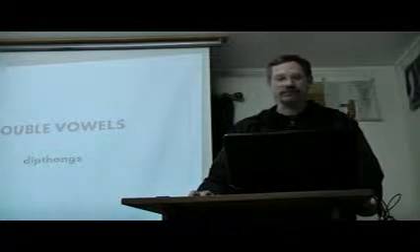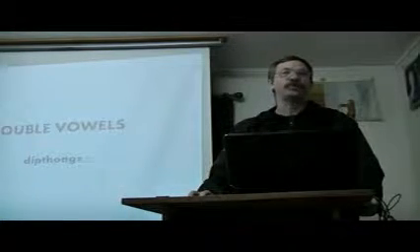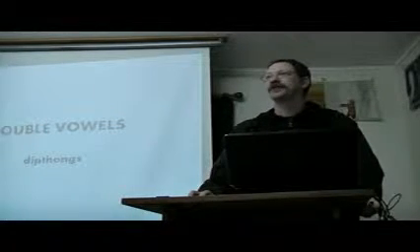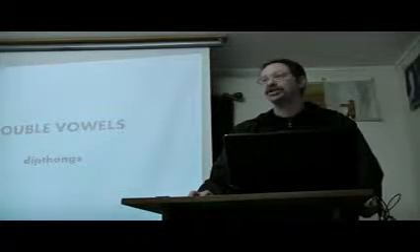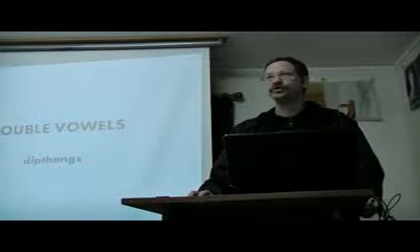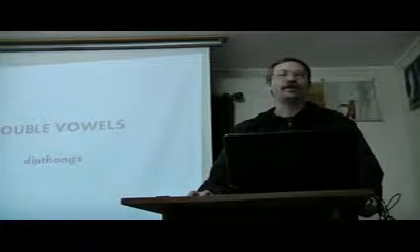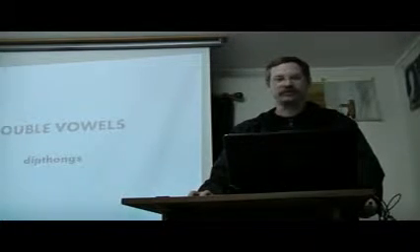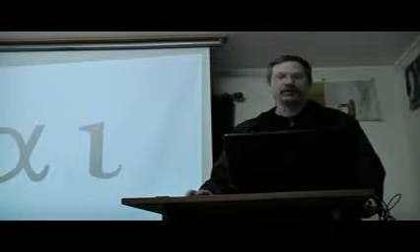Now, back to what I was talking about earlier, the double vowels. When two vowels are put together and the result is what is considered a separate sound, these are, in grammatical terms, diphthongs. All you have to do is remember the sound made by each combination of vowels.